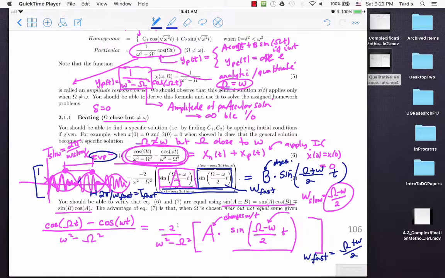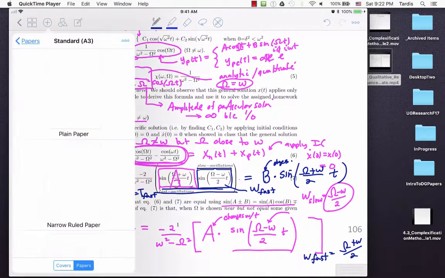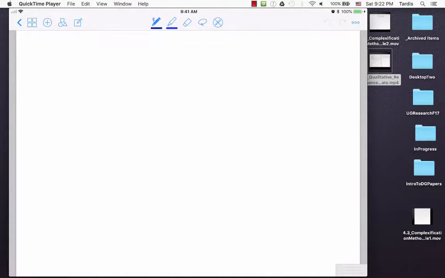Let's see if we can look at an example. Let's add a page below, and let's look at the differential equation, for example: y double dot plus 2 delta y dot plus omega squared y equal to a cosine capital omega t.